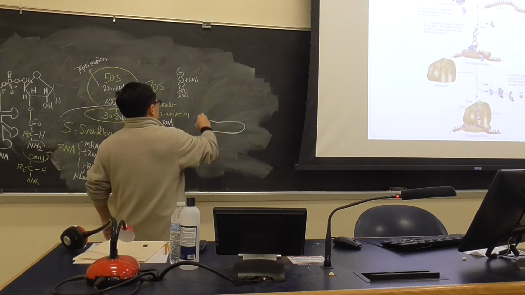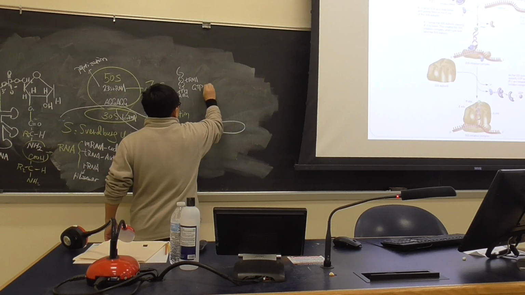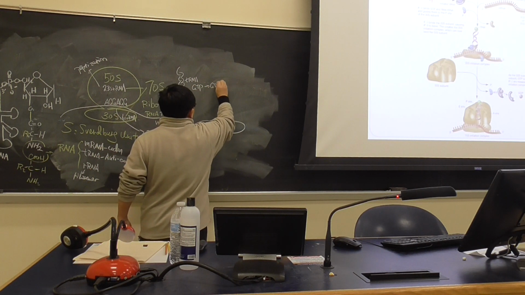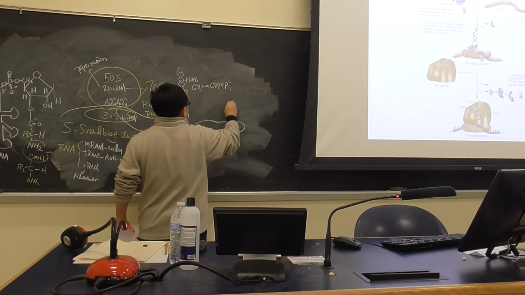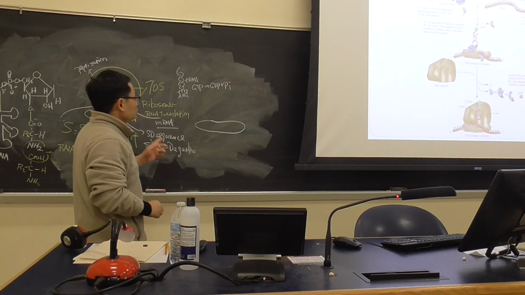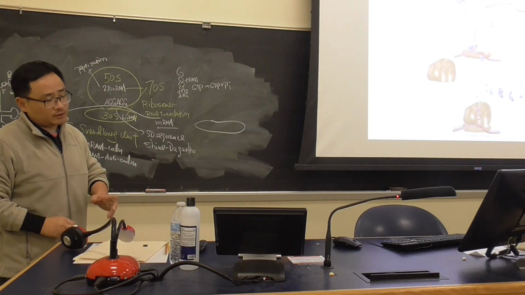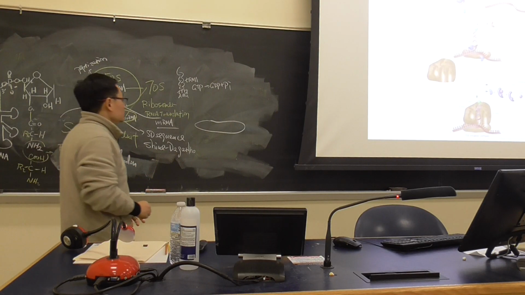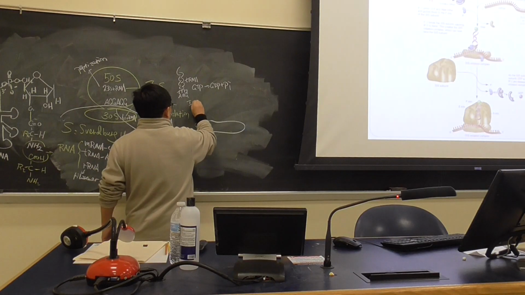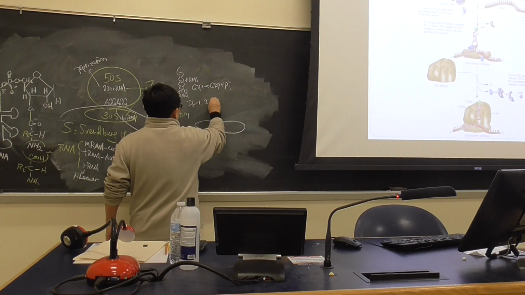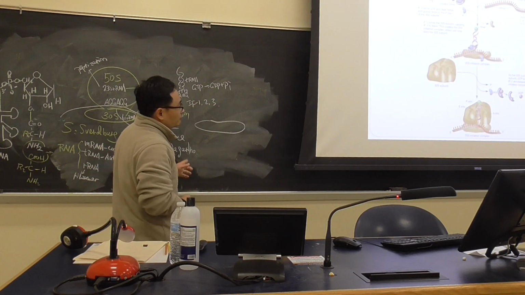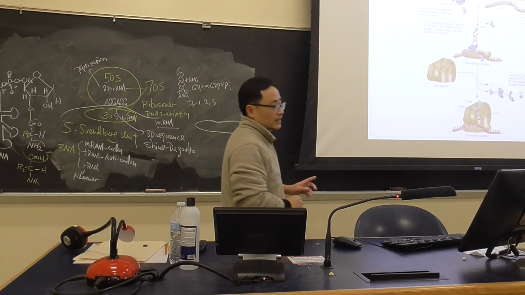The energy is GTP. So GTP will hydrolyze into GDP and phosphate. But when you do the initiation, same as lots of biochemistry reactions, they need initiation factors 1, 2, and 3. And their functions are different.